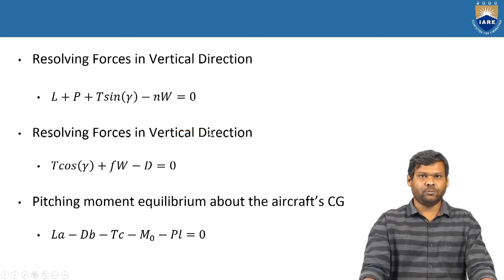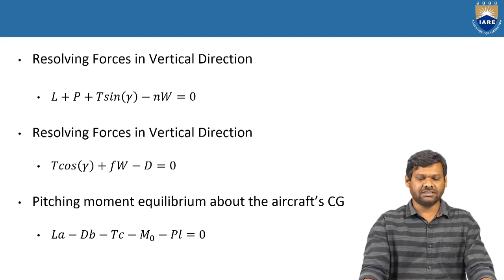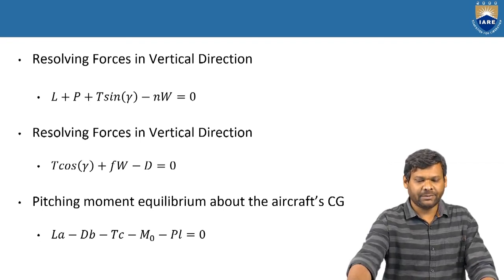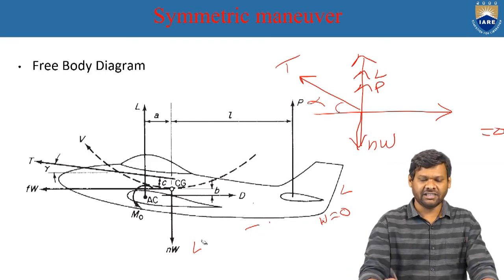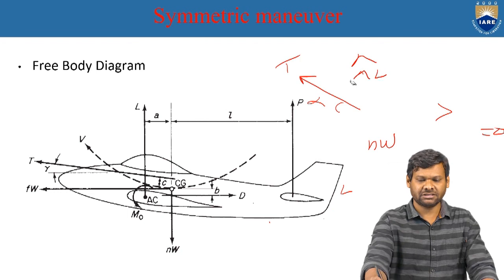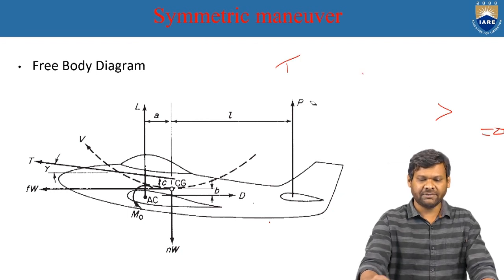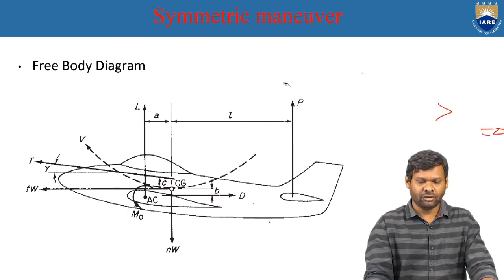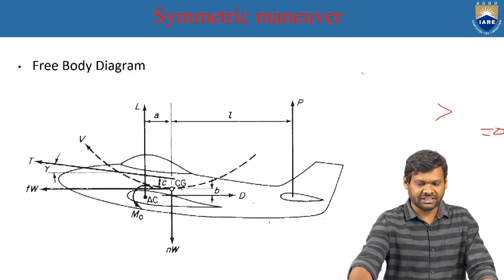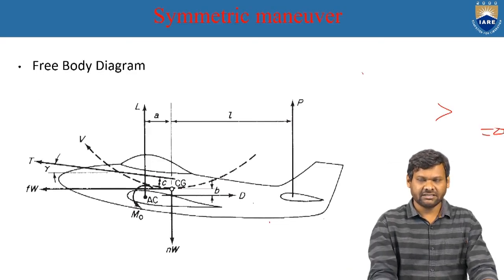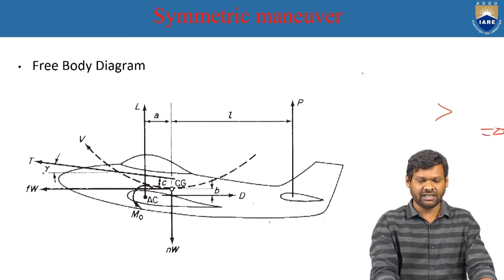And the next most important thing we need to deduce is the pitching moment about the center of gravity. Let us identify the moments which are produced. Since alpha is very small, this alpha is inclined along the direction of velocity.